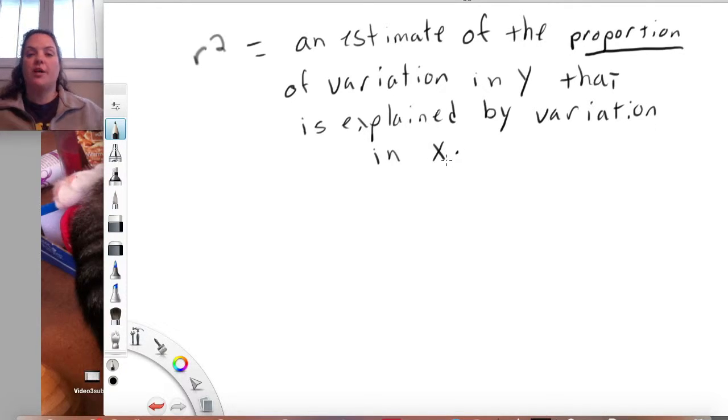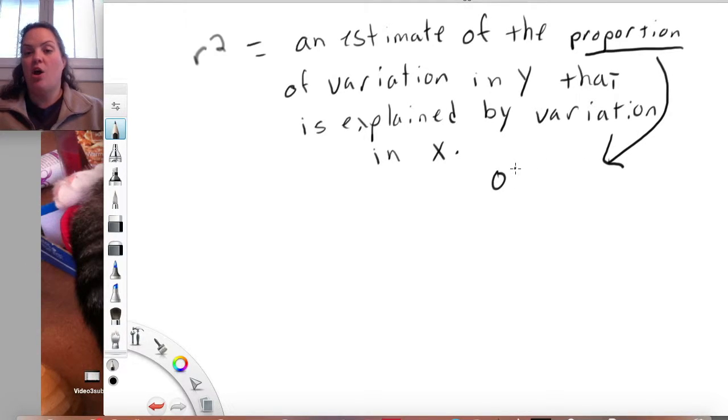Okay, so r-squared is an estimate of the proportion of variation that we see in our dependent variable that's explained by the variation in our independent variable. So as our independent variable changes, how much of that variation in our dependent variable is being caused by that change. And I say proportion because it's genuinely a proportion. That's why r-squared is between 0 and 1.